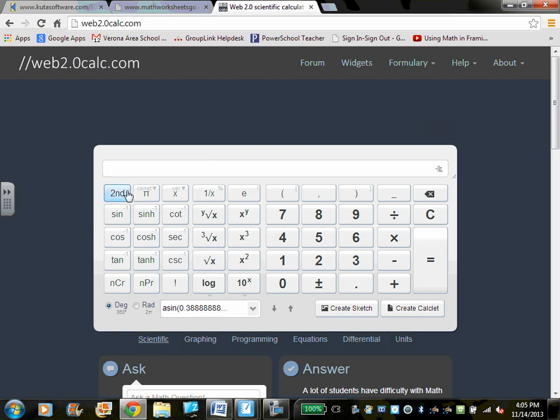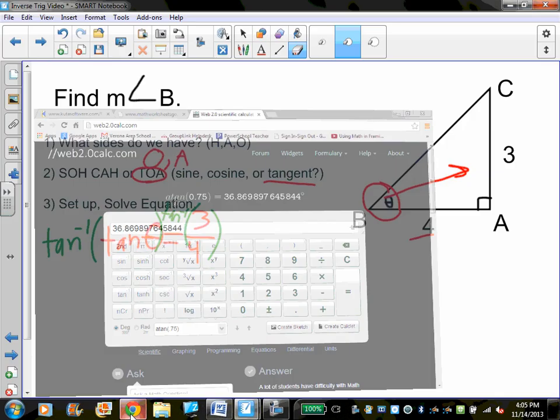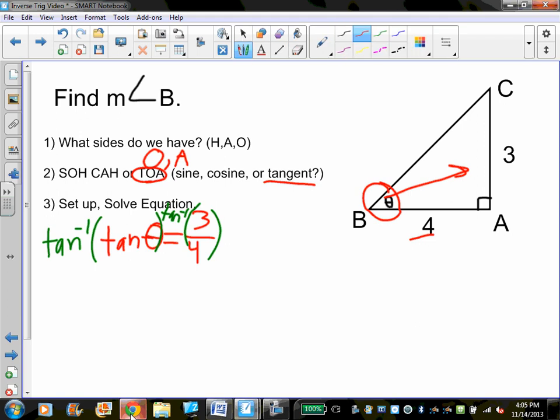I could just hit second tangent and then put in 0.75, because 0.75 is 3/4. Close the parentheses, hit enter, and there's my angle measure. It's about 36.87. So theta is 36.87 degrees.